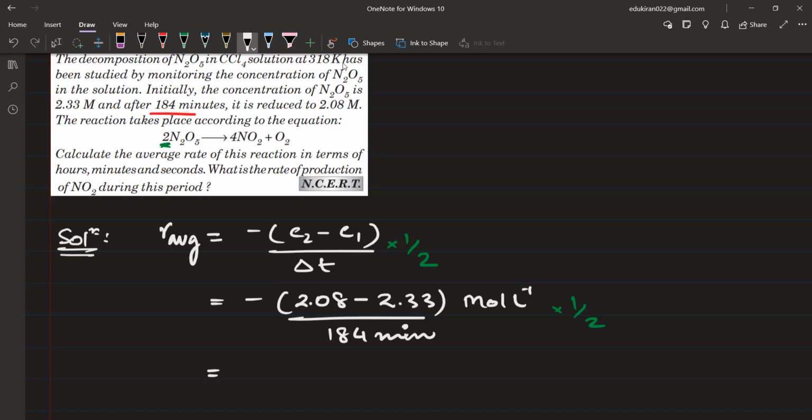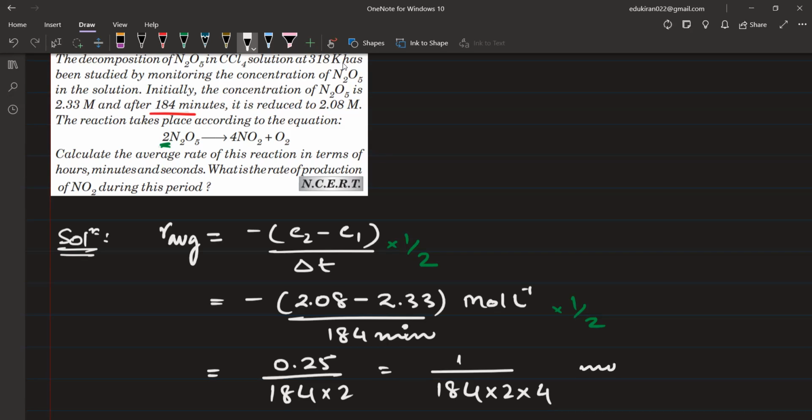So this will come as minus 0.25, and divided by 184 into 2, which will be equal to 0.25 upon 184 into 2. This will be in moles per liter per minute. Then you just need to change the time 184 minutes to hours and 184 minutes to seconds, and then you will get the answer. This was the basic idea.